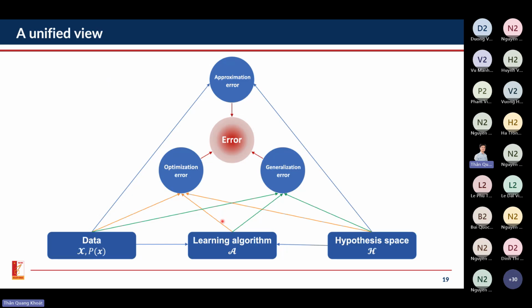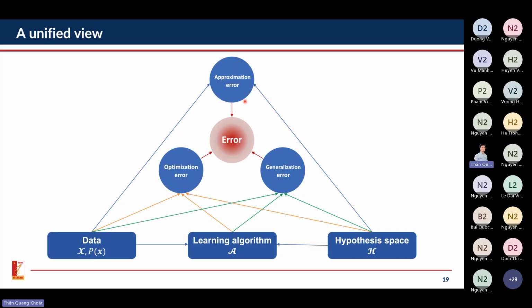Okay, so in summary, we can have this graph to show the error. The error of one prediction can be caused by different factors, right? For example, it can be the optimization error, generalization error and approximation error.